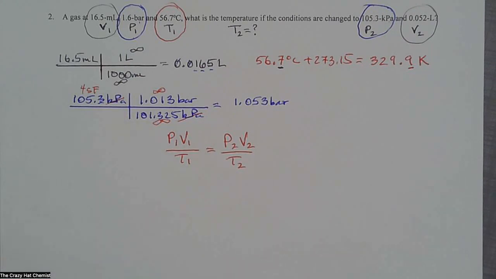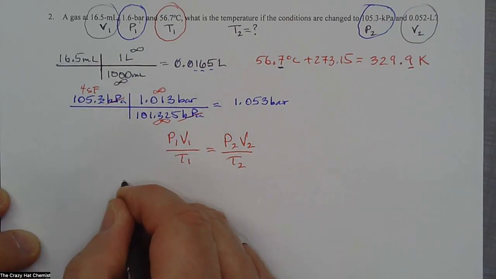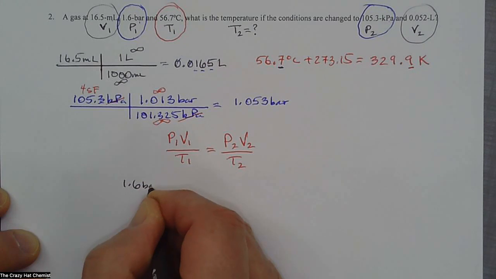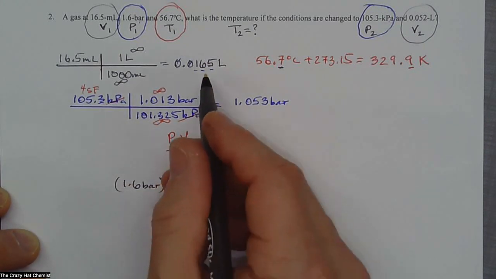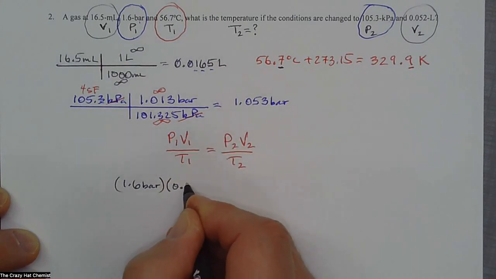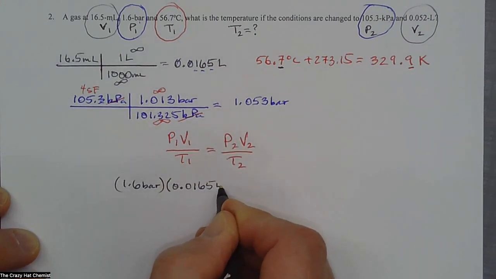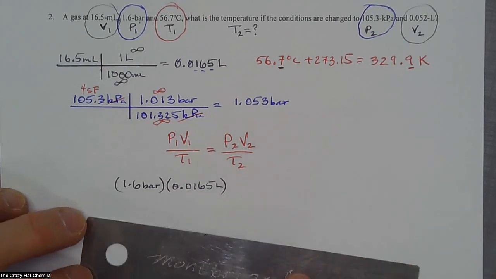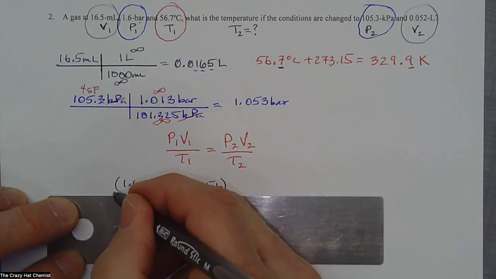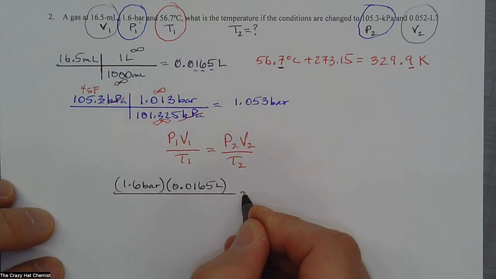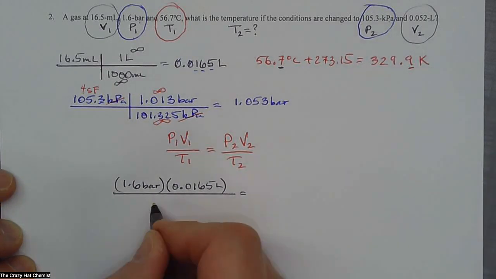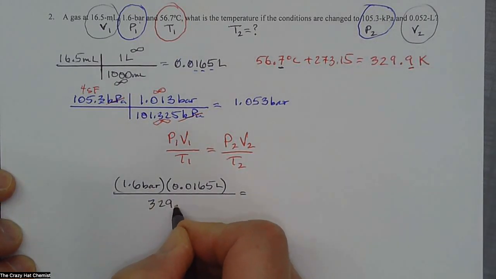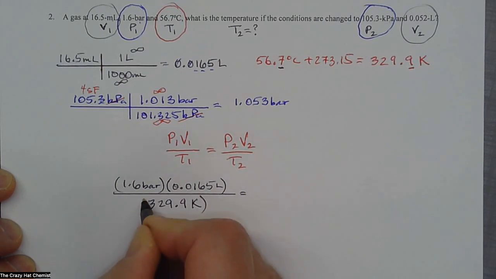All right, so what do I have? My first pressure is 1.6 bar. And my first volume is in liters now. That's 0.0165 liters. And then my temperature, I converted my temperature from degrees Celsius to Kelvin. So that's 329.9 Kelvin.